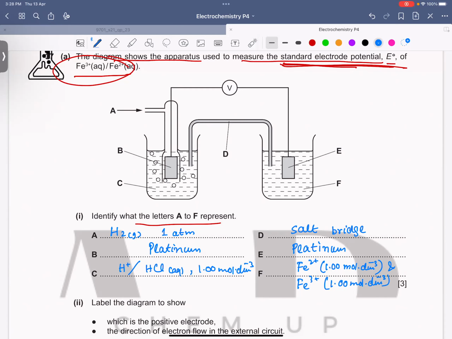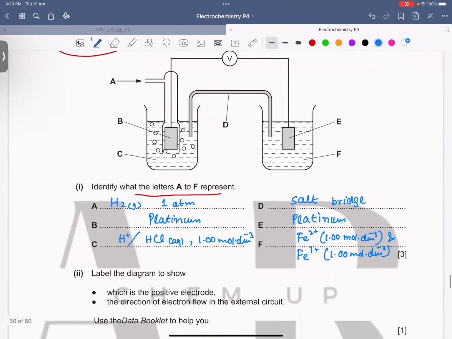Is this understandable? Yes, is this clear to everyone?